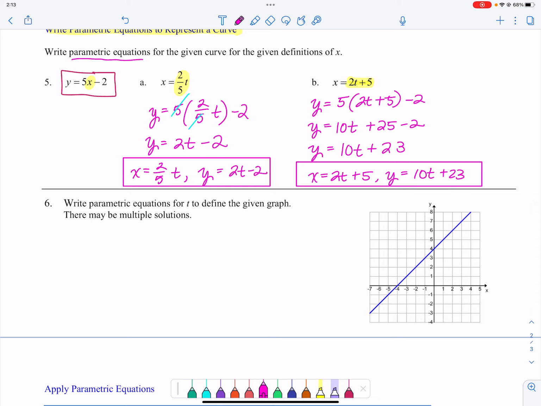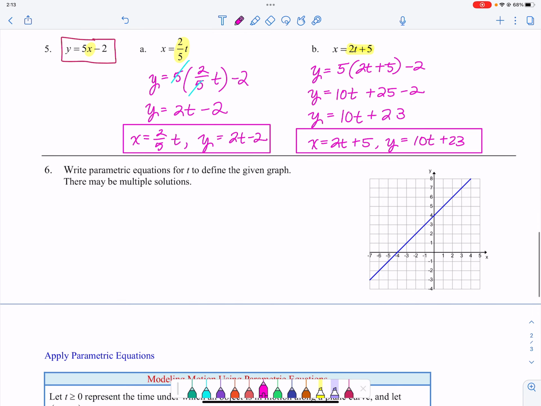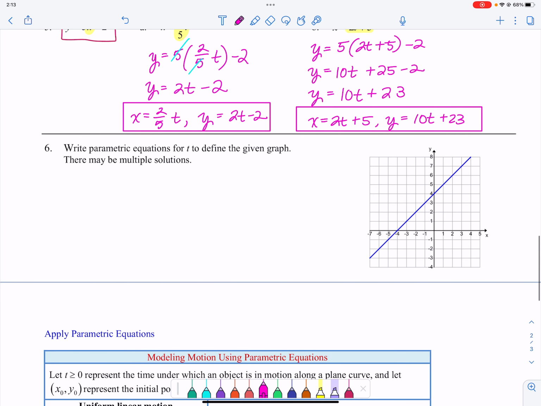Okay, now we're going to write parametric equations for t given the graph. And there can be multiple solutions. What I'd like to do is first grab that y-intercept. B is equal to 4. So that point 0, 4 is on the graph.